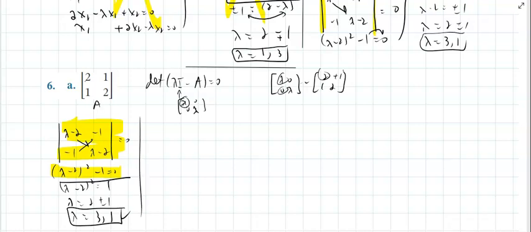Now comes the busy work. And what is the busy work? Well, finding the eigenvectors. If I take lambda equal 3, now it's important that you keep track of what is what. If I take lambda equal 3, then I'm looking at Ax equal 3x. Well, I know what A is. A is right there.